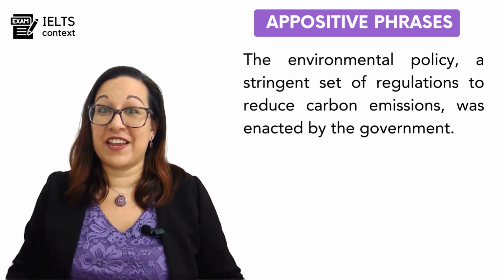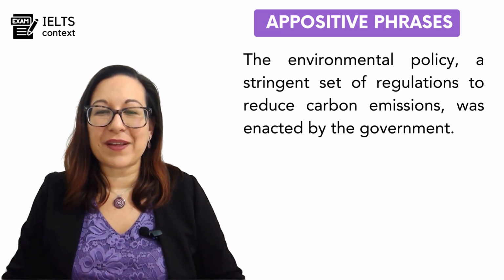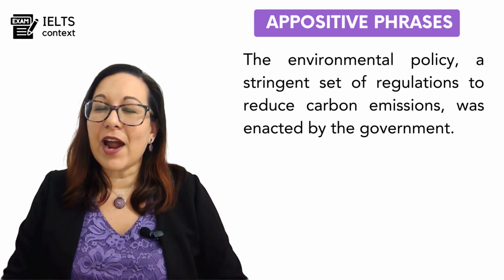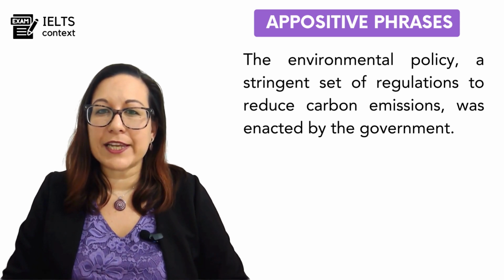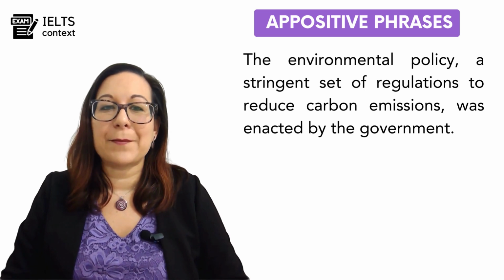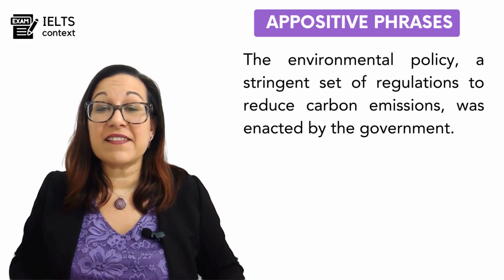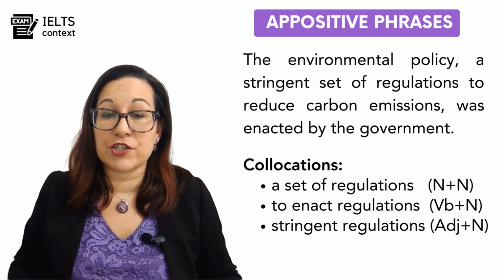Next up, the environment, a hot topic, so very likely you could have a question on this on the IELTS exam. The environmental policy, a stringent set of regulations to reduce carbon emissions, was enacted by the government. Wow. First of all, let's take a minute and look at some of the collocations here, because I love collocations.